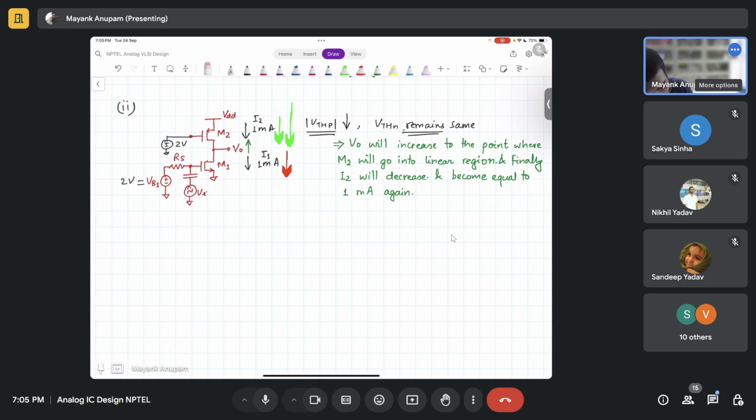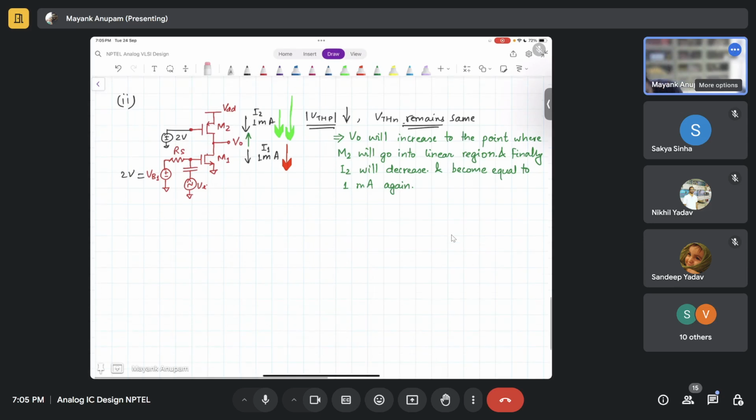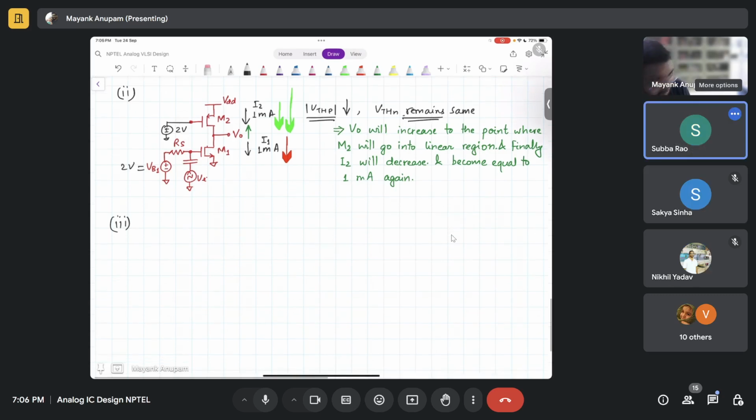So from here, what do you think? How should I bias it so that it becomes very insensitive to process variations, temperature variation, all those things? Cascode configuration. No, not cascode configuration. Current mirror. Yes, exactly.